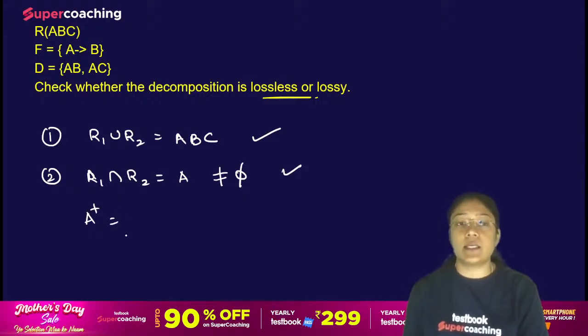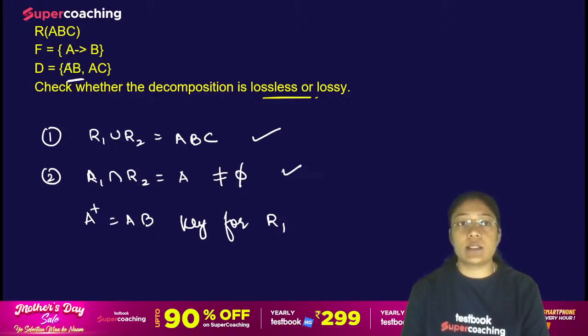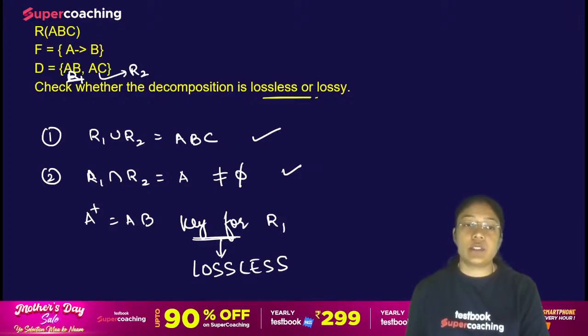Only one dependency is there, that is going to return AB, and this is behaving as a key for R1. I'm calling this decomposition R1 and this is R2. So if it is a key, then definitely decomposition is lossless. Very good. So with two sub-relations, this is clear.